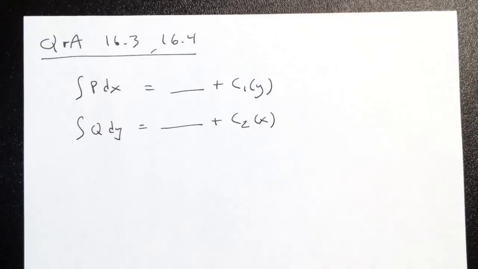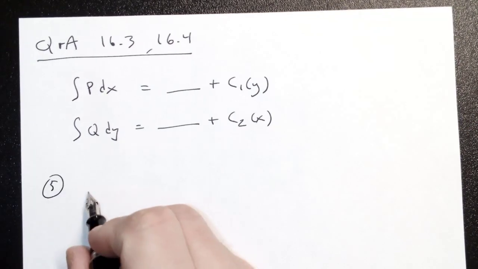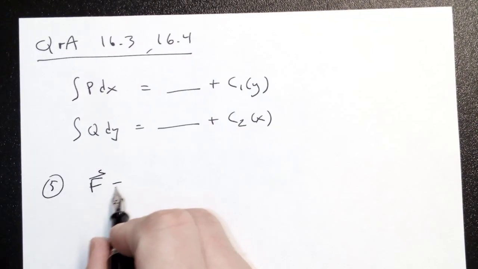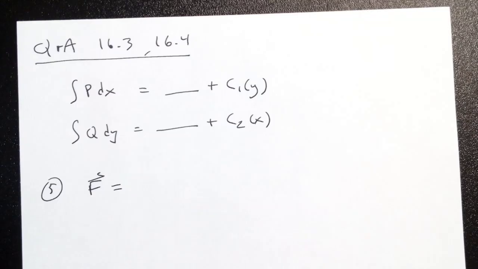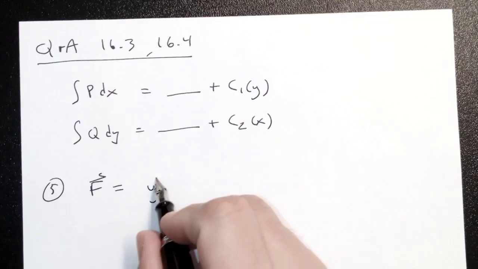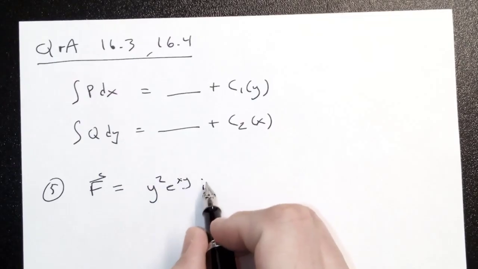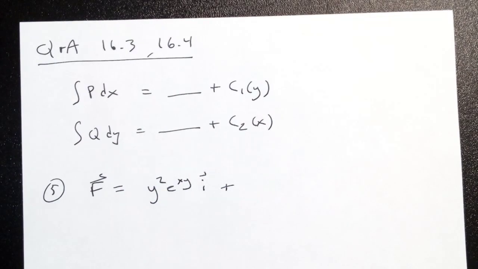In number 5, our vector field is y squared e to the xy i plus quantity 1 plus xy e to the xy j.